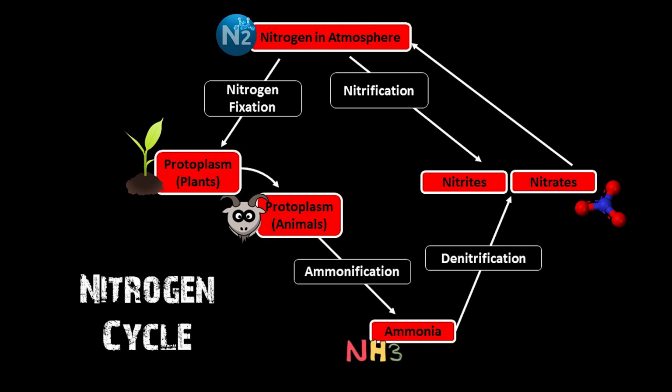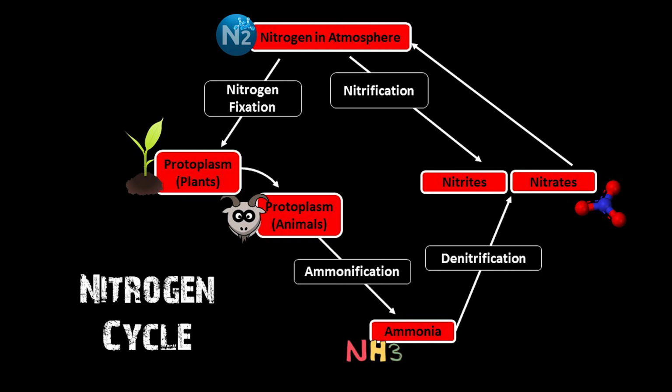Certain legume plants have rhizobium bacteria which convert this nitrogen and help the plant to grow. Probably this will be a reminder for you. So there is a nitrogen fixation process.